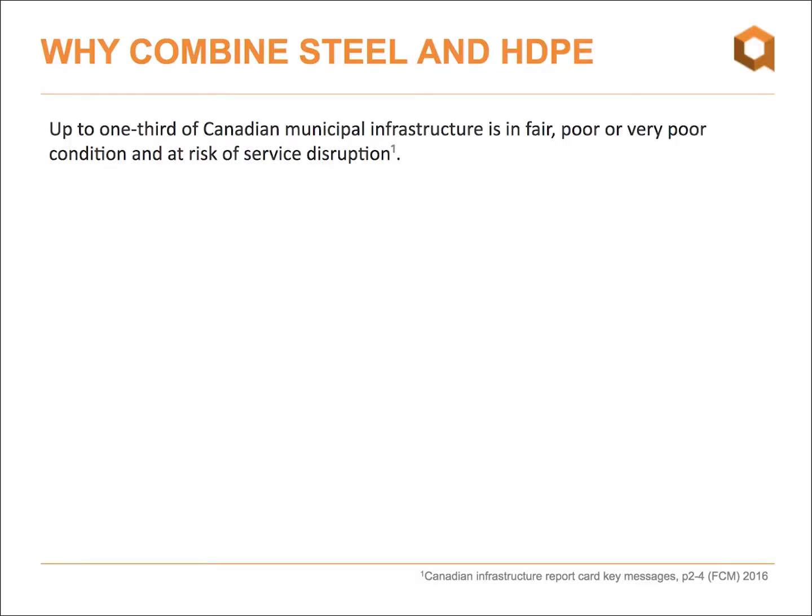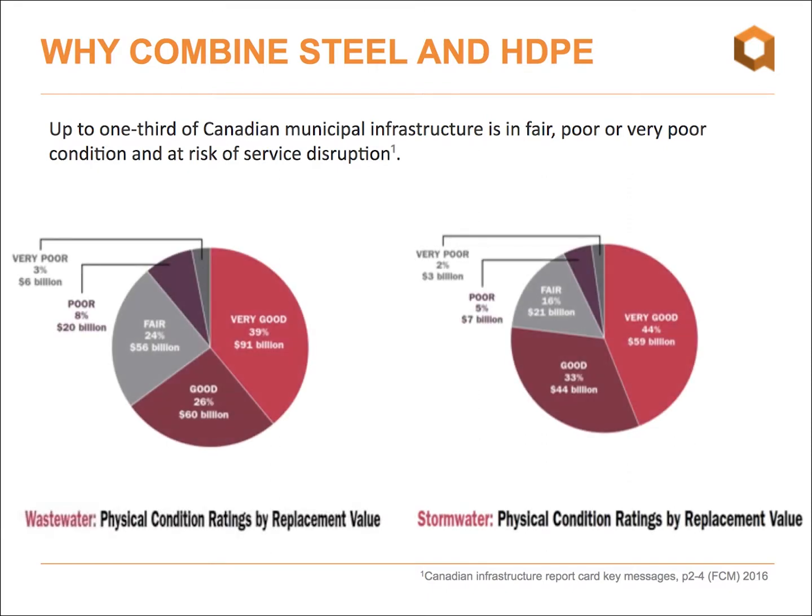And it has been clearly demonstrated that up to 1/3 of Canadian municipal infrastructures are in fair, poor, or very poor condition. And this is from the Canadian Infrastructure Report Card, published in 2016 by the Federation of Canadian Municipalities. Once your infrastructure reaches a state that is called fair, poor, or very poor, what it means is that immediate intervention is required for your infrastructure to remain in service.